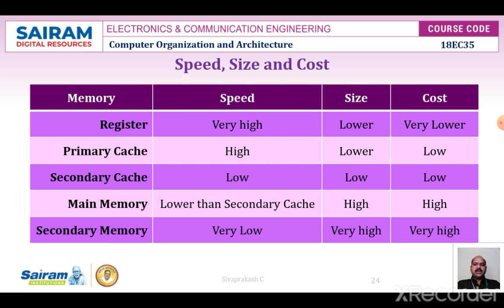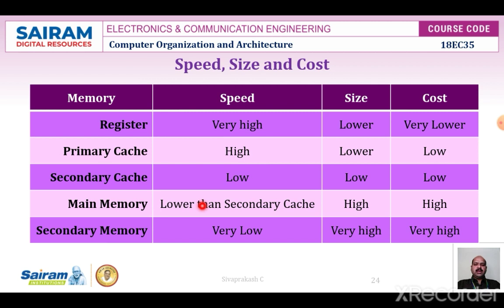The registers, primary cache, secondary cache, main memory and secondary memories are present here. When comparing the characteristics of speed, size and cost, registers are always very high in speed, lower in size and very low in cost, whereas the primary cache is the highest in speed and lower in size as well as very low in cost. The secondary cache is a bit lower in speed when compared with the primary cache, and it is low in size as well as low in cost.